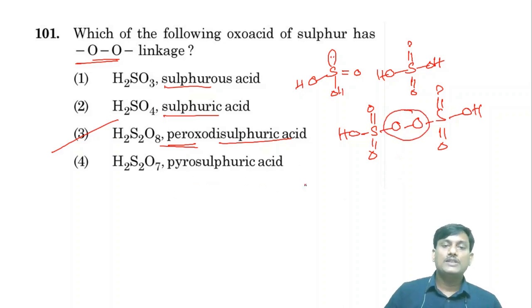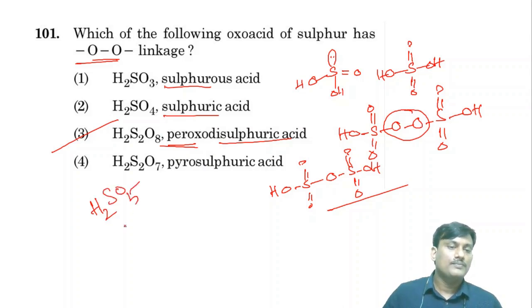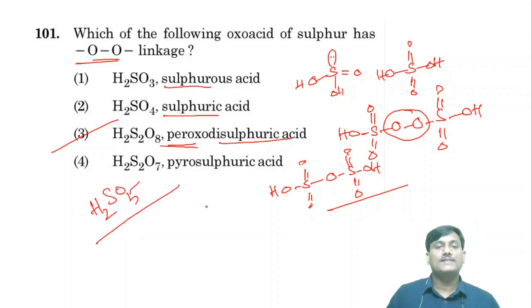And pyrosulfuric acid, this is pyrosulfuric acid, H2S2O7. There is one less oxygen when compared with H2S2O8. And you can find a peroxy bond in this molecule also, H2SO5, peroxymonosulfuric acid.